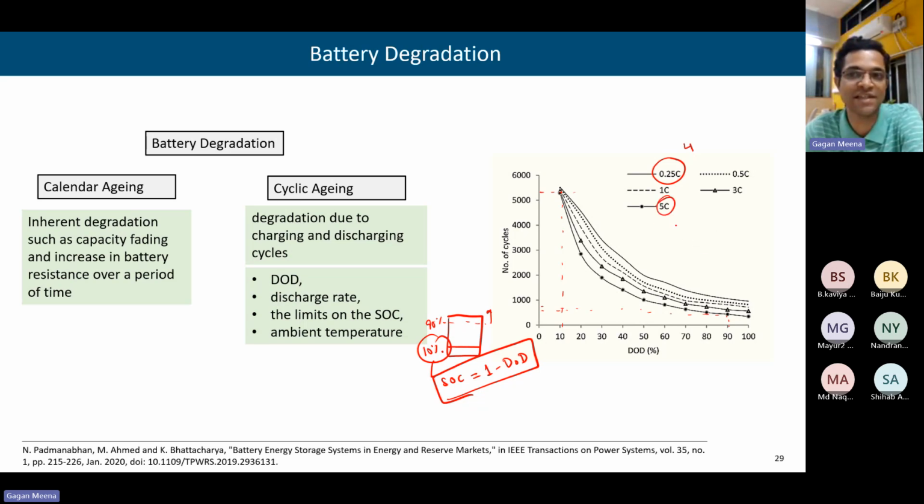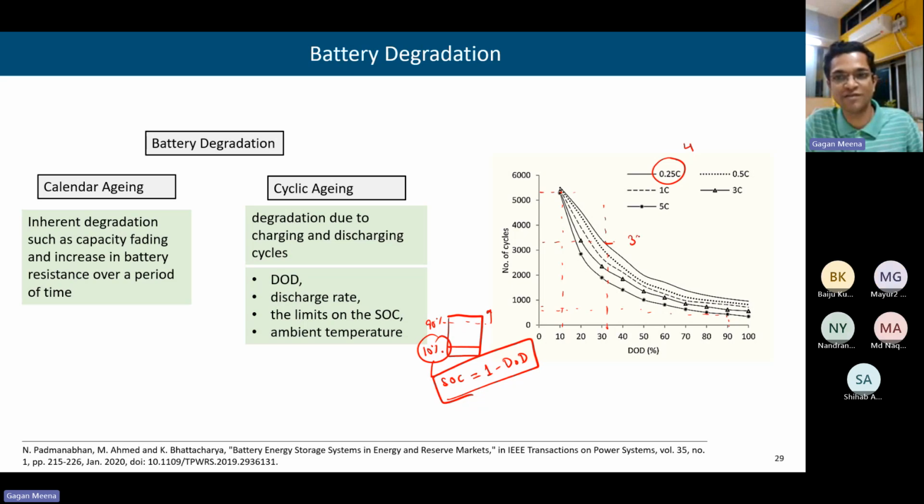If 6C is there, then in 10 minutes it will completely discharge. Now, if we change the discharge rate, then for 5C, you will see for the same depth of discharge, for 0.25C the number of cycles is around 30 to 50, and for 5C it is around 2700 only.